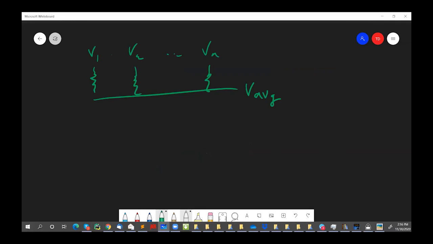So what's the current flowing into each one? The sum of the currents must be 0. So the sum of (Vk minus V average) over R, and they're all the same R, must equal 0. The currents have to add up to 0, right? It doesn't matter what R is, we can just cross it out for now. It just sets the time constant if there's some capacitance here.